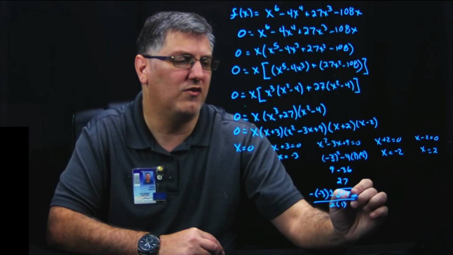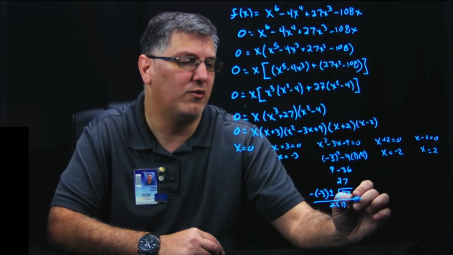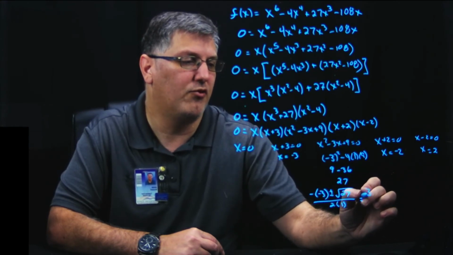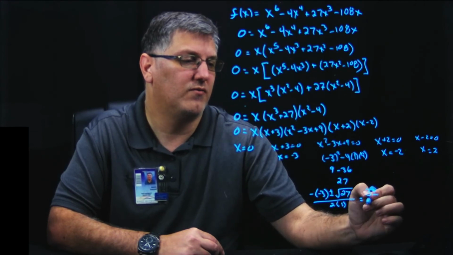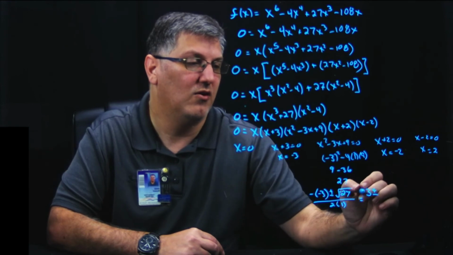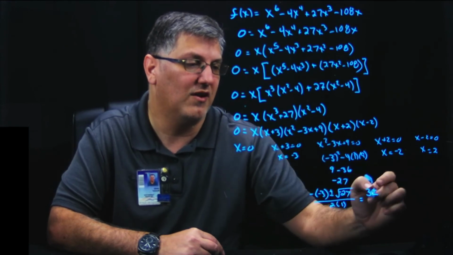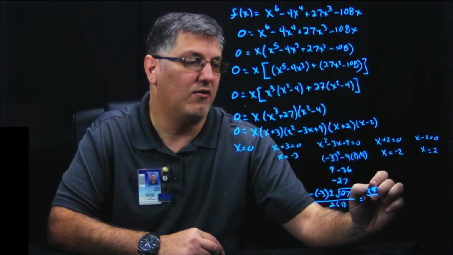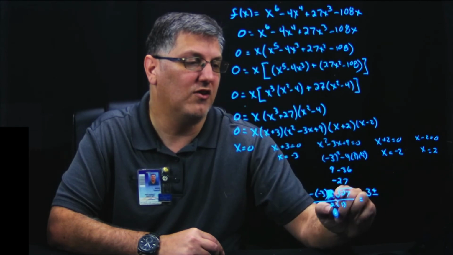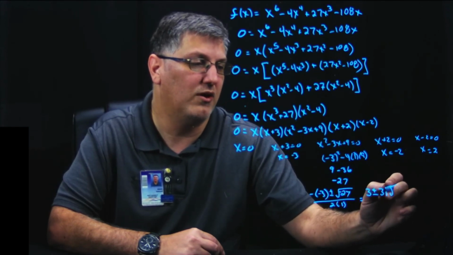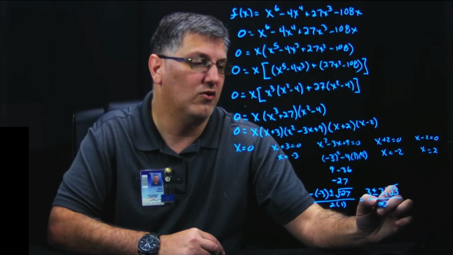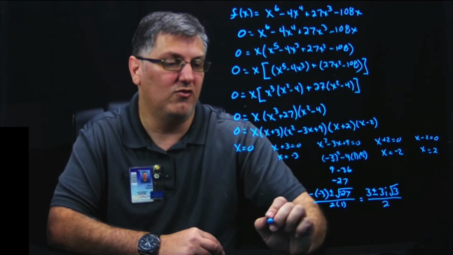Well, the square root of 27 breaks down to 3 square root of 3. So we're going to clean this up, and we have 3 plus or minus, whoopsie, this is a negative 27. Because of the negative I got an i, and the 27 breaks down, so I have 3i square root 3 all over 2. So there are your solutions.